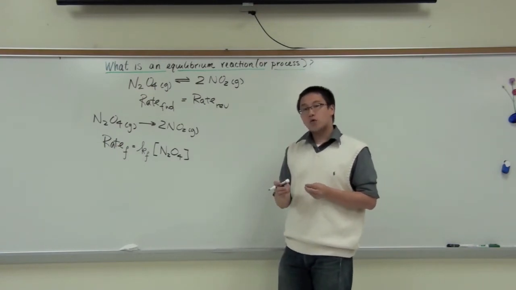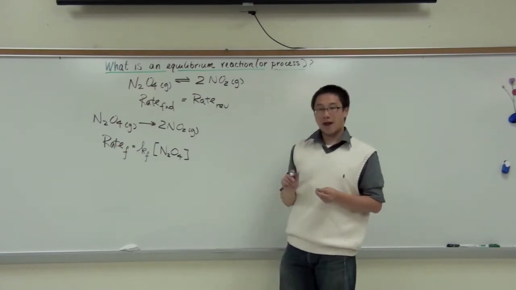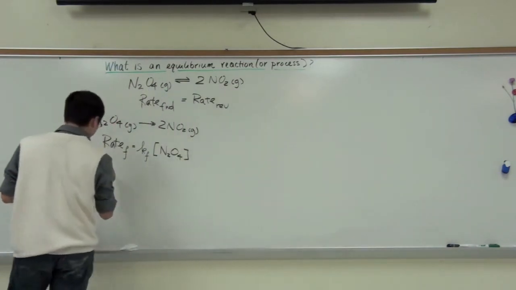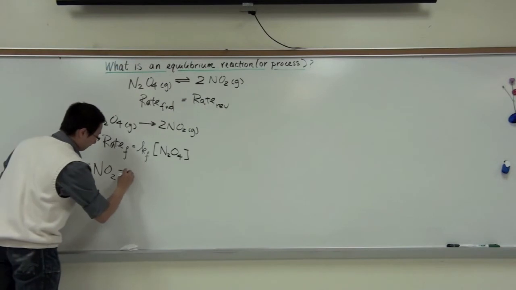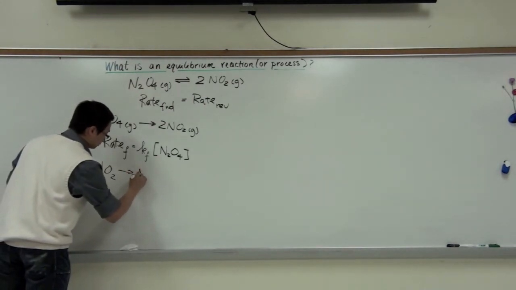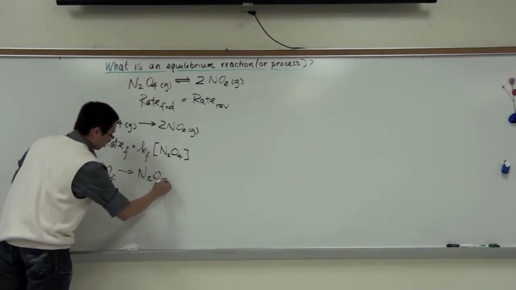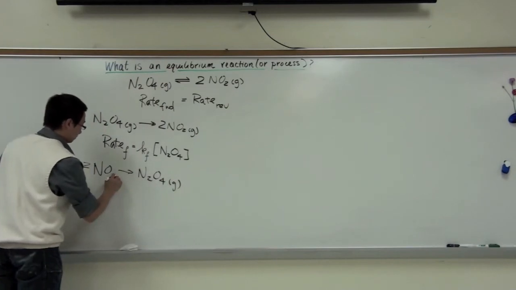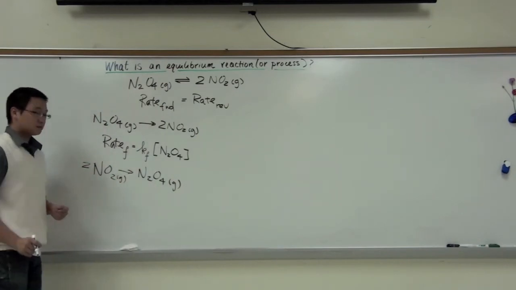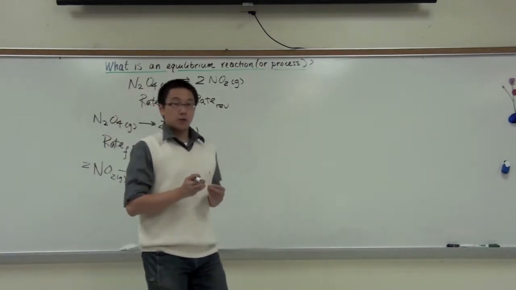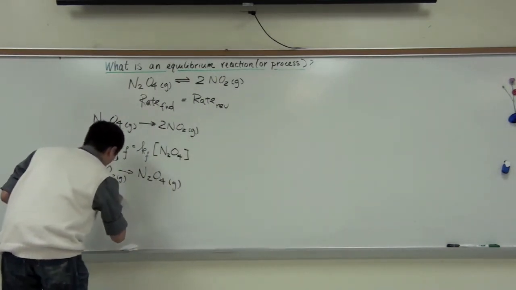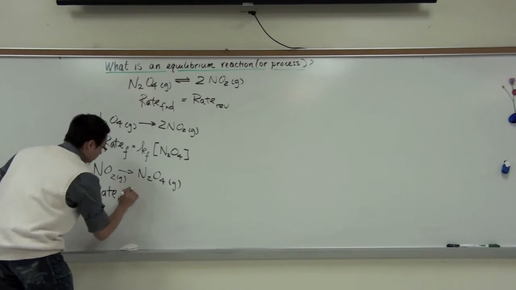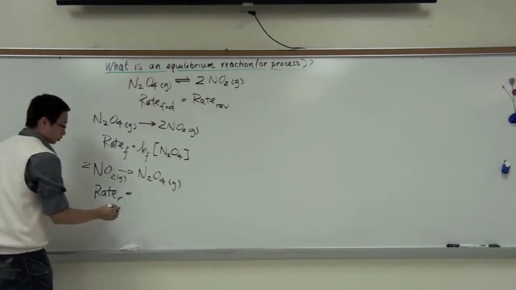And now we're going to write the backward reaction right here. Okay, and we can do the same. And I'm going to use the R to represent the reverse reaction.